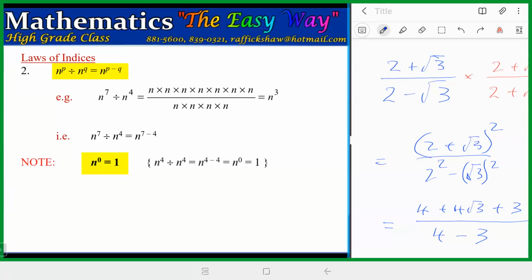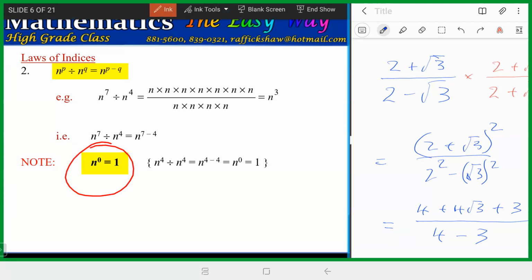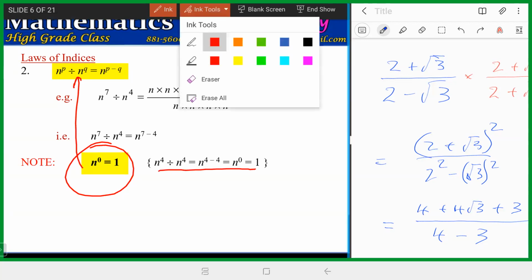Something to know is that any number raised to the power 0 is 1. This law is a spin-off from the previous law, and it is right here.